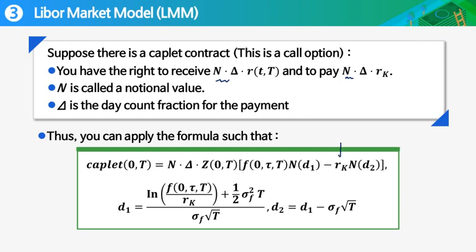This one is similar to the exercise price over here, and d1 and d2 are all very similar to the case of the Black-Scholes model. So d1 is ln F over R K plus 1/2 sigma square t, divided by sigma root t, and d2 is d1 minus sigma root t. So it is exactly consistent with the Black-Scholes model.